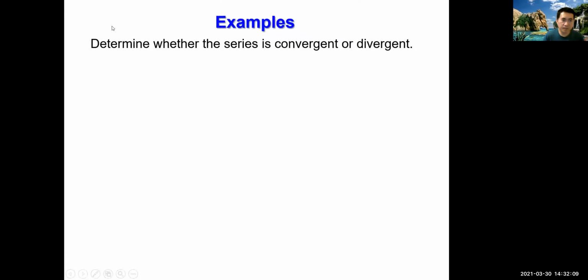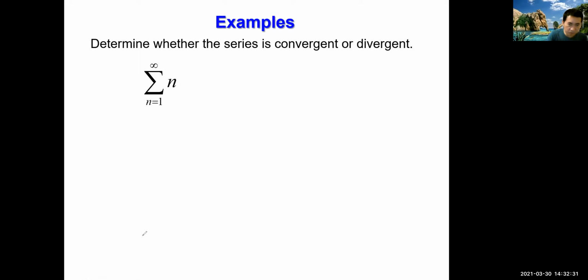Let's look at an example. What is the sum of this series? The formula is a sub n equals n, with n going from 1 to infinity. Remember, this is the formula.